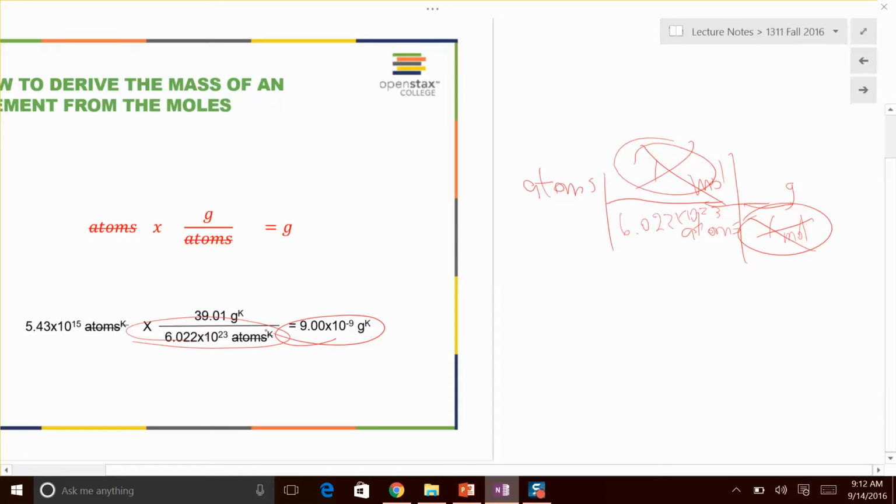That's how many grams are in 5.43 times 10 to the 15th atoms of potassium. It's a very small number. I would need 6.022 times 10 to the 23rd atoms of potassium to have 39.10 grams of it. I don't even have close to that number of atoms, so it's a lot less than 39.10 grams.